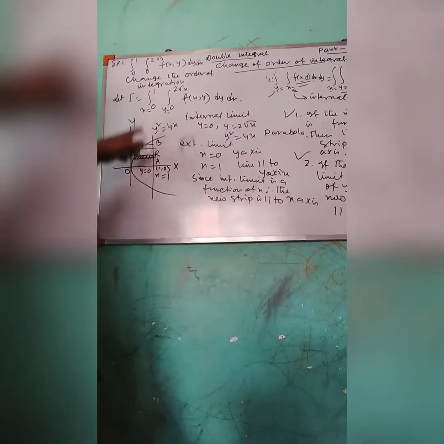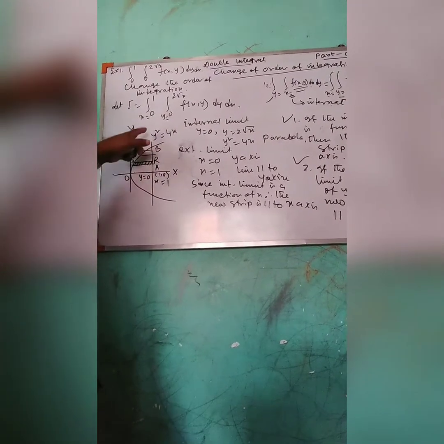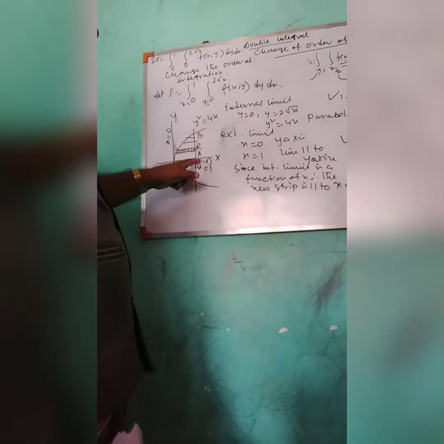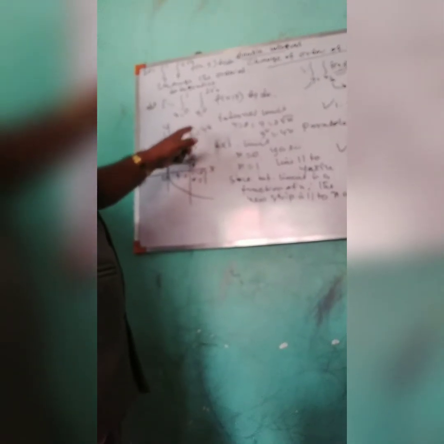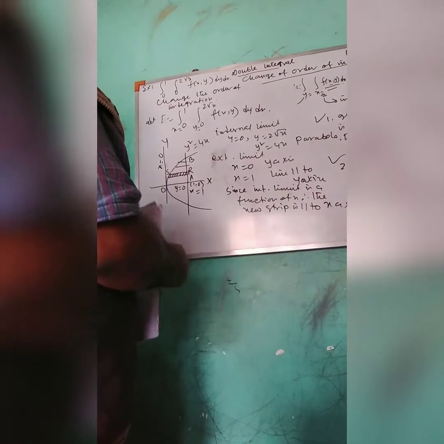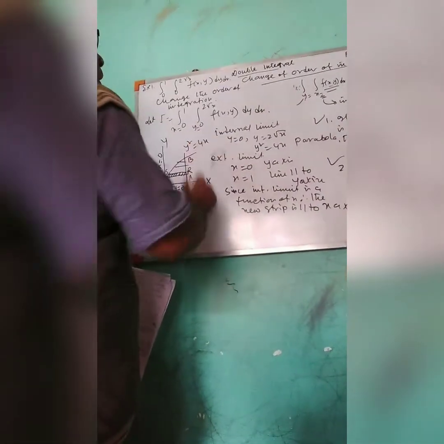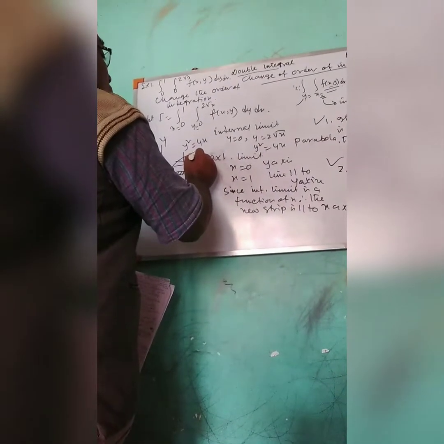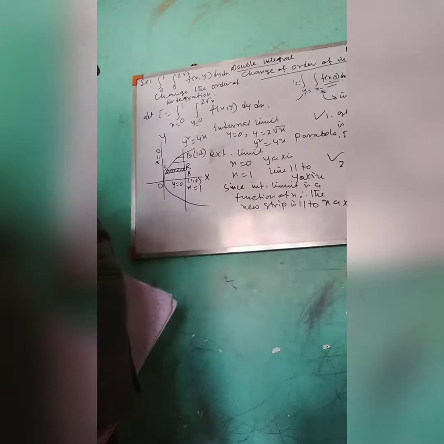So we have to solve these two simultaneously, then you will get B. Putting x equal to 1 in y square equal to 4x, y equal to plus minus 2. So it will be (1, 2).